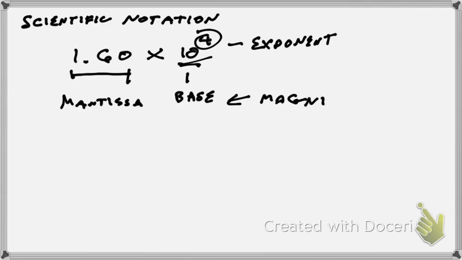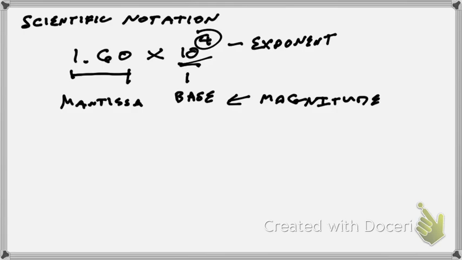And why is it called the magnitude? Because when we look at the mantissa and see that it's raised by 10 raised to whatever number, it's saying 1.60 times 10 times that grouping raised to that exponent. So in this example, this is saying we have 1.60 times 10 raised to the fourth, right?